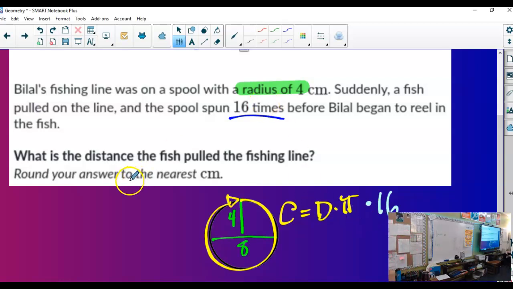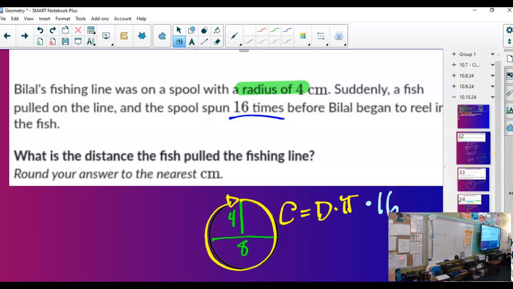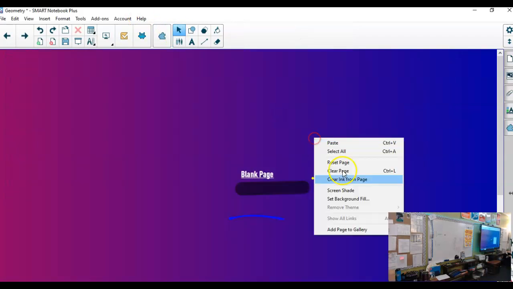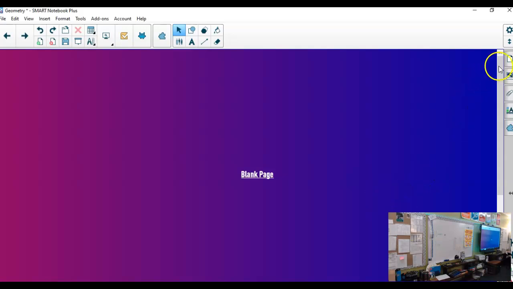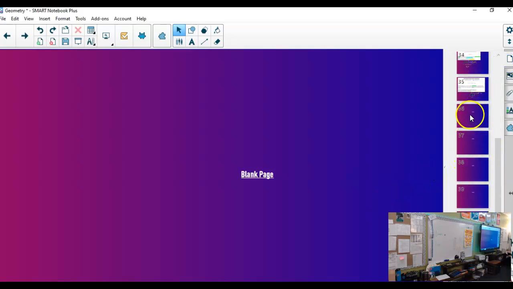Other requests. Oh no, the circle's on all of those pages.